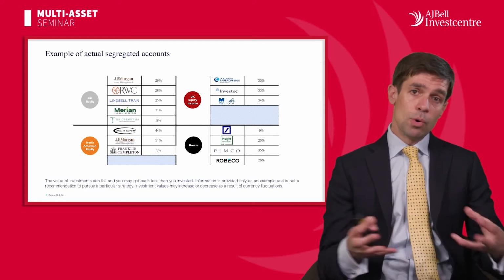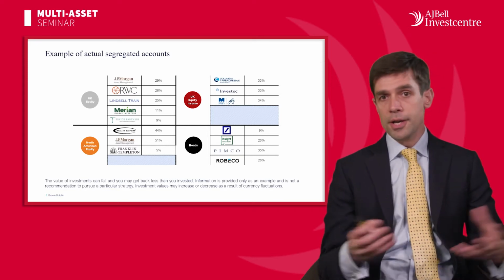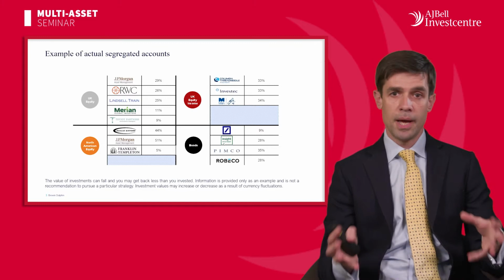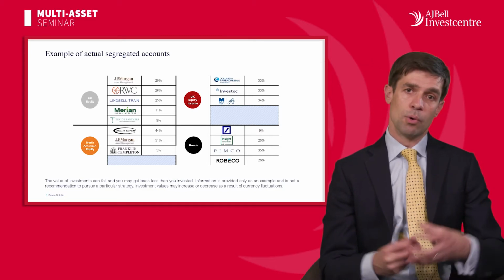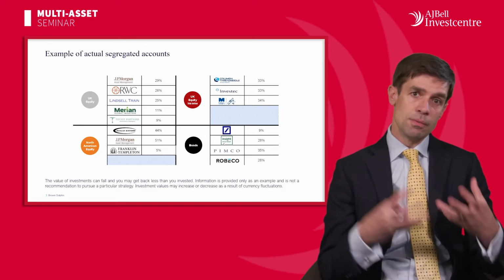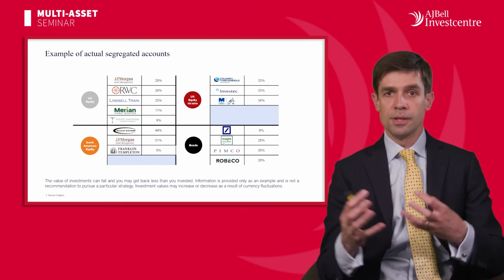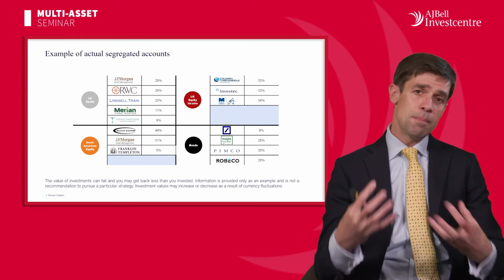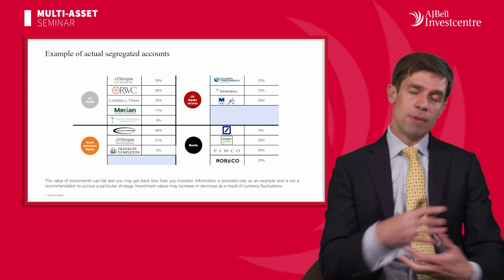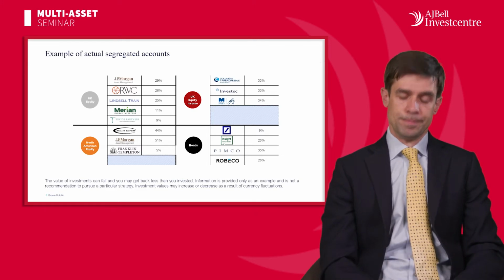In terms of small cap exposure, there's Merian mid cap, which is paired with Teviot smaller companies. So the mid cap gives you some growth exposure, and the Teviot gives you some value exposure in the smaller company space. So we can blend managers together to get a more rounded portfolio for investors.